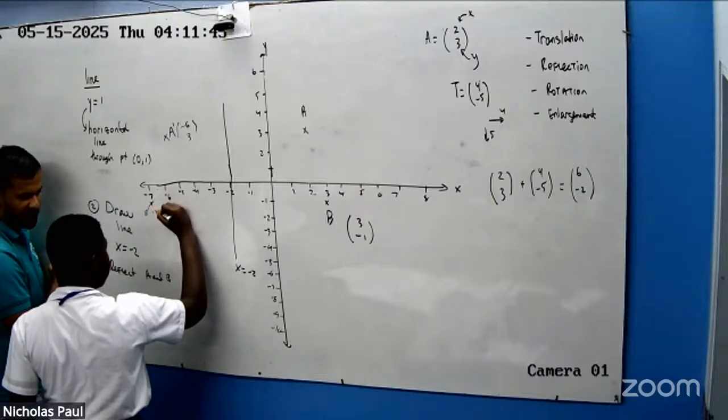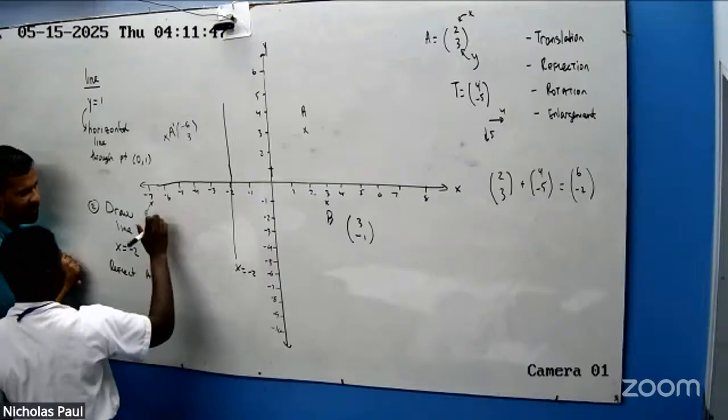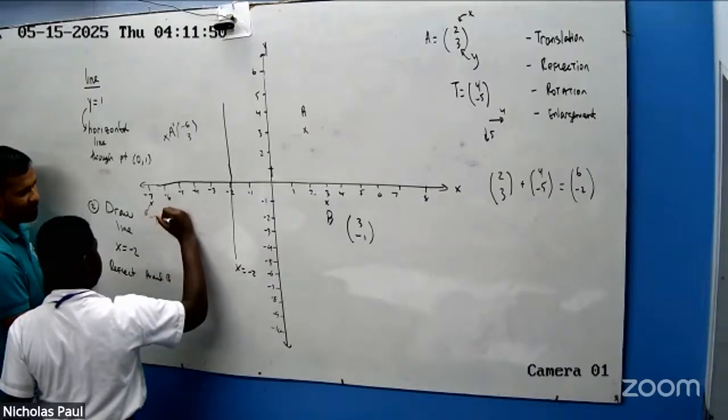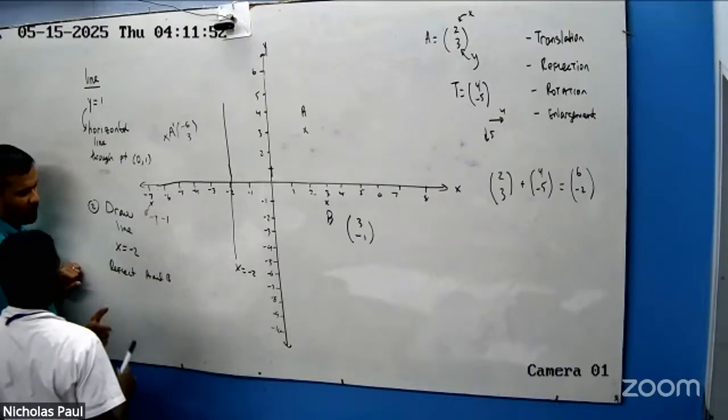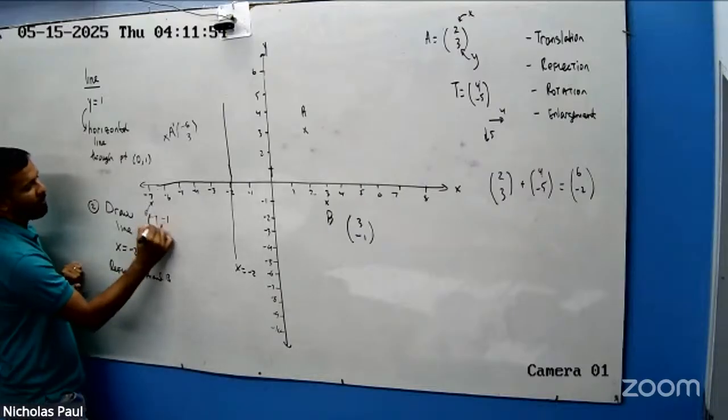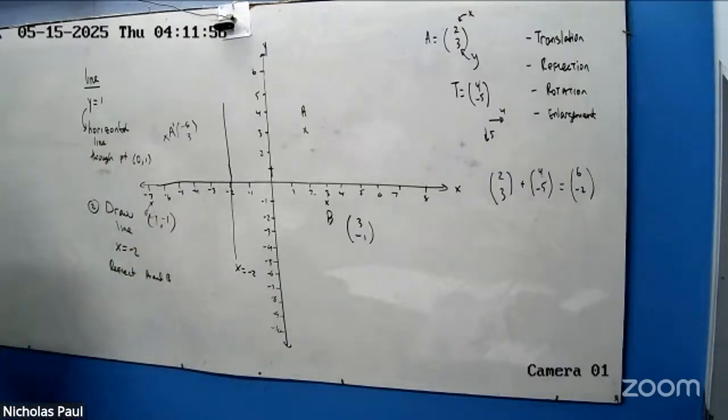Let's see that. Right? So he got minus 7, minus 1. You all got that? Everybody got that? Minus 7, minus 1. Right?